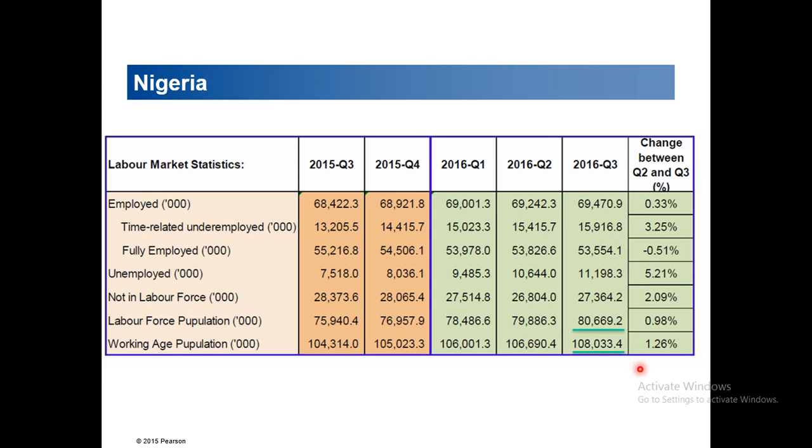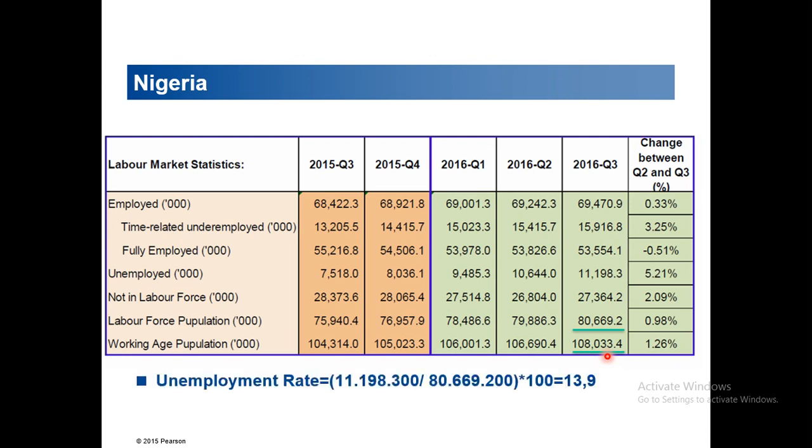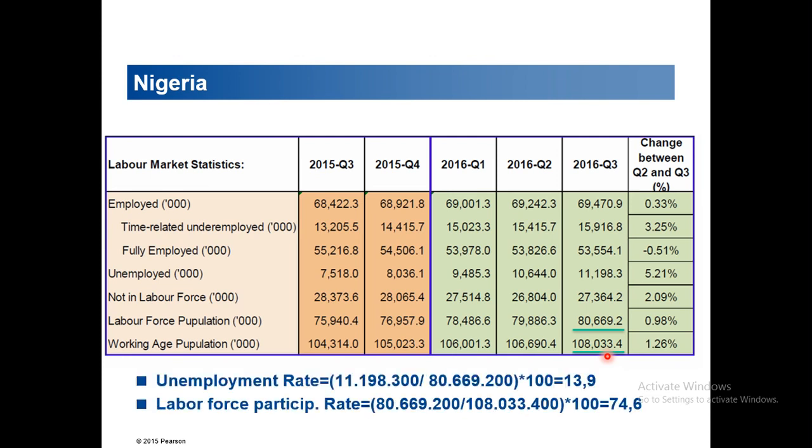The working age population in Nigeria as at 2016 is 108,033.4. So our unemployment rate is valued at 13.9% and labor force participation at 74.6%.